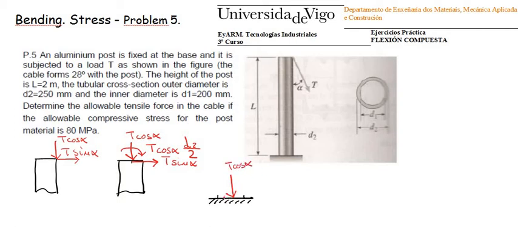Then we have the shear force here, T sine alpha, and we have a bending moment that is the addition of the previous bending moment, T cosine alpha d2 divided by 2, plus the effect of the shear force multiplied by the total length, that is T sine alpha multiplied by L. According to the statement, we have L equal to 2 meters.